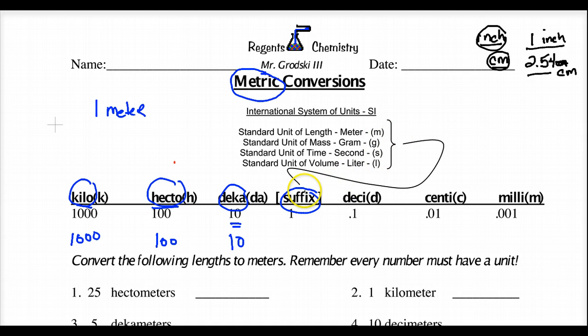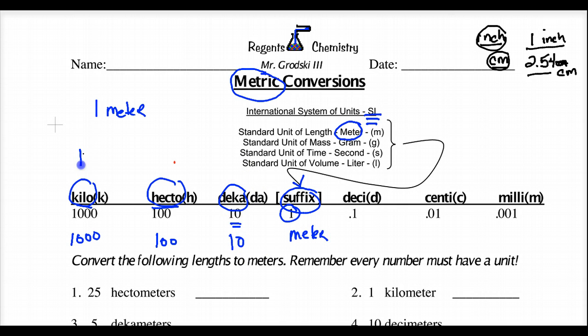So if you notice my arrow here, meter is the SI unit that all countries have agreed upon to use in calculations and scientific experiments. If you put a meter here, and you say meter, it implies 1. These are the other words that go in front.